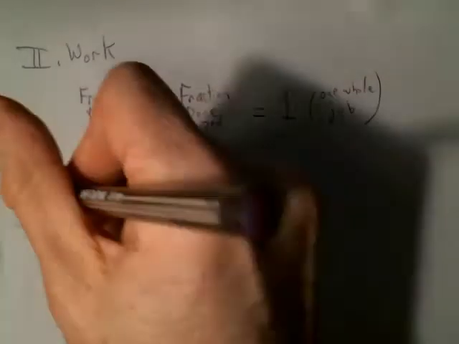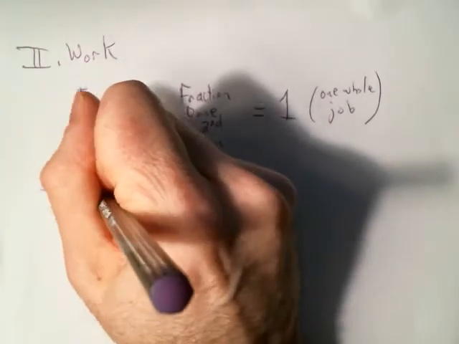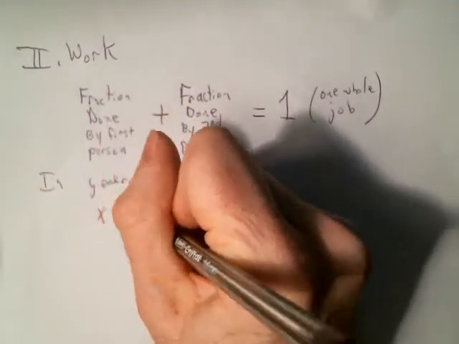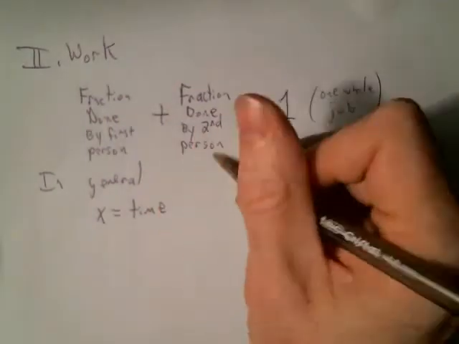Okay. In general then, we're going to let x equal the time it takes both people working together to finish the job.